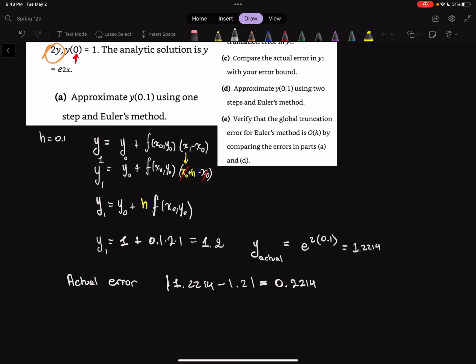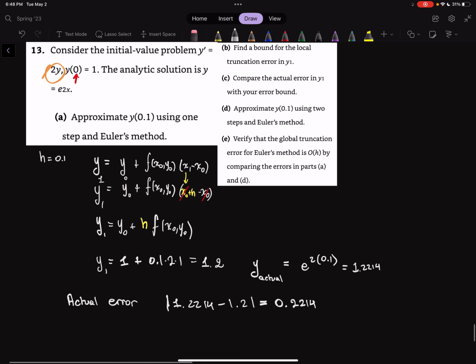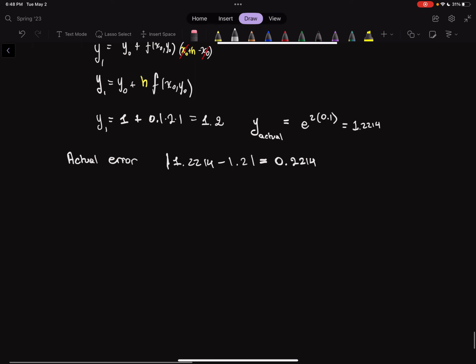So now what I want to do is find a bound for the local truncation error. So to do B, you kind of need to know, or need to know where to find it, that the upper bound for Euler's method is y double prime of c times h squared over 2 factorial.